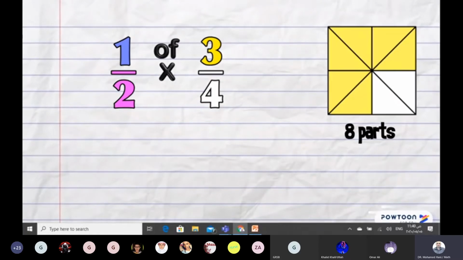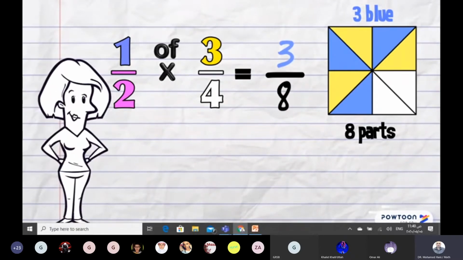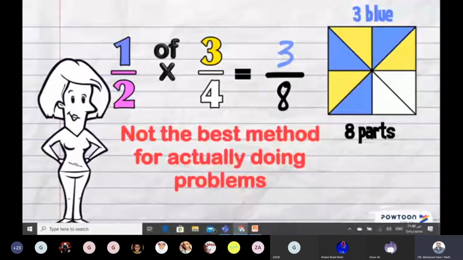We need to show half of 3/4, so I'm going to colour half of each of those yellow quarters we started with in blue. And we get 3 blue parts out of 8 parts in the whole now. The answer is 3/8.